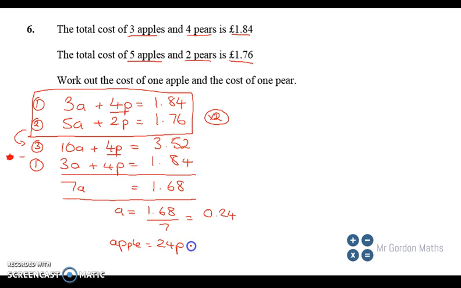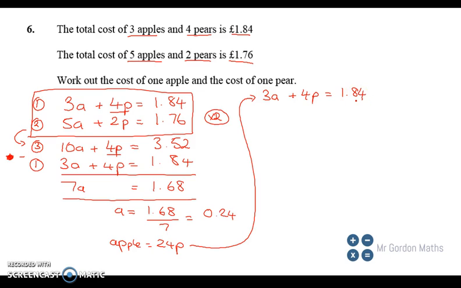Now I'm going to go back into one of the original equations and work out what the pear's worth. So let's look at equation 1 again. 3 apples plus 4 pears is £1.84. And we know that apples are 24p. So 3 times 24, we'll be really careful here because we're still working in pounds over here.